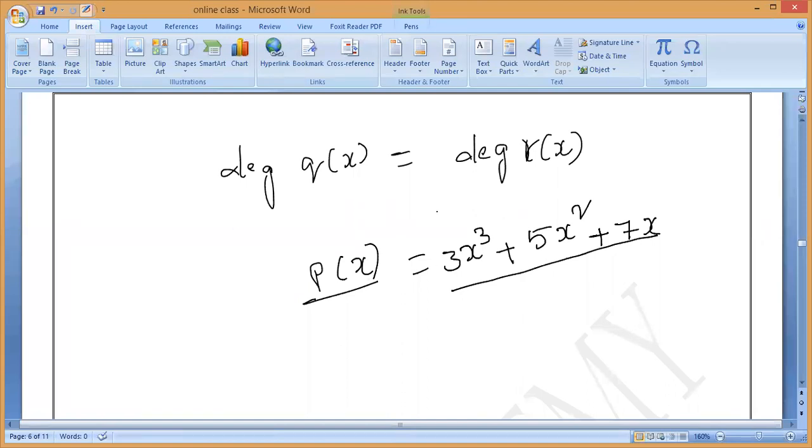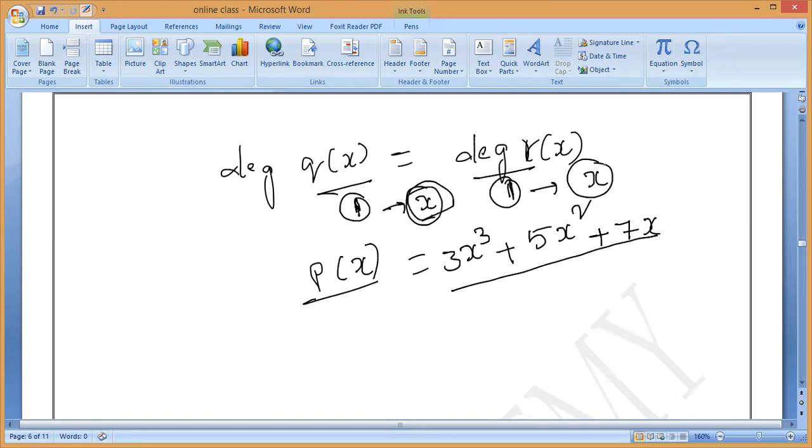Suppose here the degree of Q of x is 1 and the degree of R of x equals 1. It means in terms of x, correct? Q of x also in terms of x. Correct or wrong? Do you understand? Yes, ma'am. Suppose you take degree of Q of x equal to 1, degree of R of x equal to 1, both in terms of x.